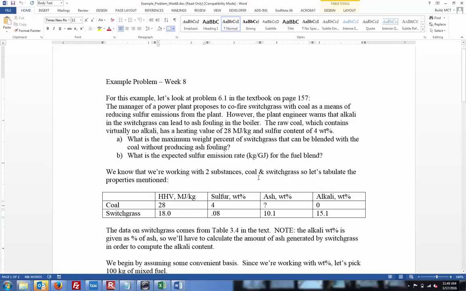Let's see how far he gets with the solution here. What's the fouling threshold? Okay, so the switchgrass is 10% ash by weight. No alkali in the coal, there's your zero alkali.